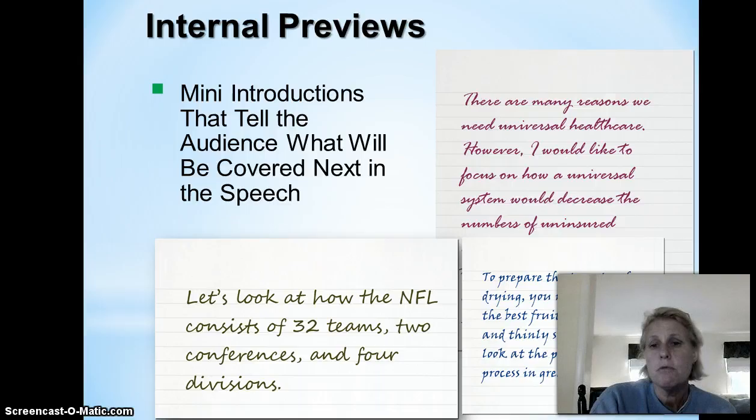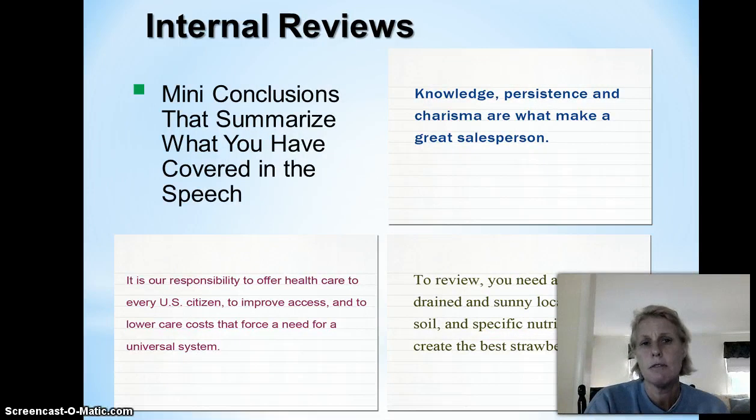Internal previews you can use in your speech, and it tells the audience what will be covered next in the speech. So this is just another way of transitioning. Again, I do want to emphasize the importance of reviews and previews.